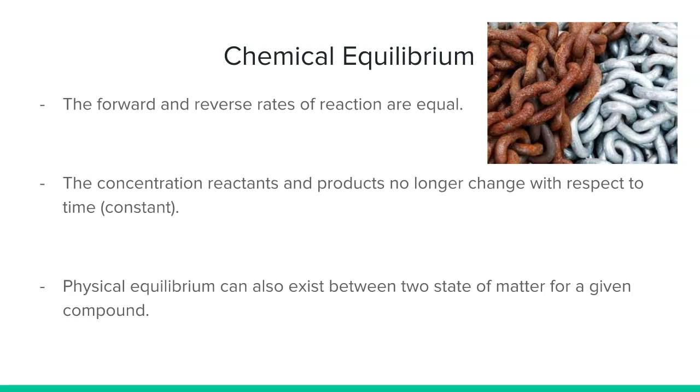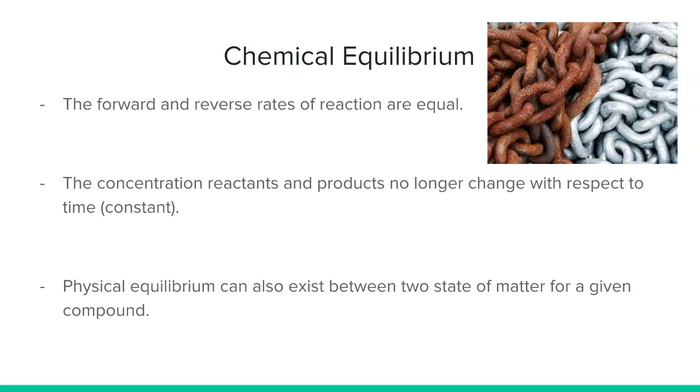But it is very important to remember that when we're dealing with equilibrium, reversibility has to be accepted, because the first key is having forward and reverse rates equal to one another. It cannot be one-sided, where all of it goes to the product side or the reactant side. There has to be a balance.